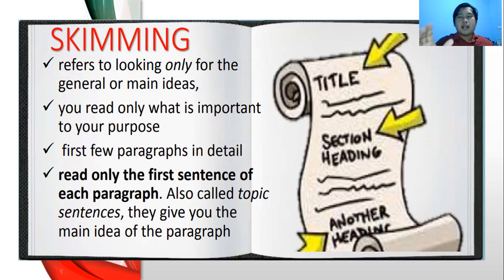Now, after reading the first paragraph, you will read the next paragraphs, and for that you just have to read the first sentence, which is the main idea or the topic sentence of each paragraph. Like we discussed in our prior discussions, the topic sentence is most likely the first sentence of the paragraph, and it contains the main idea of the paragraph.